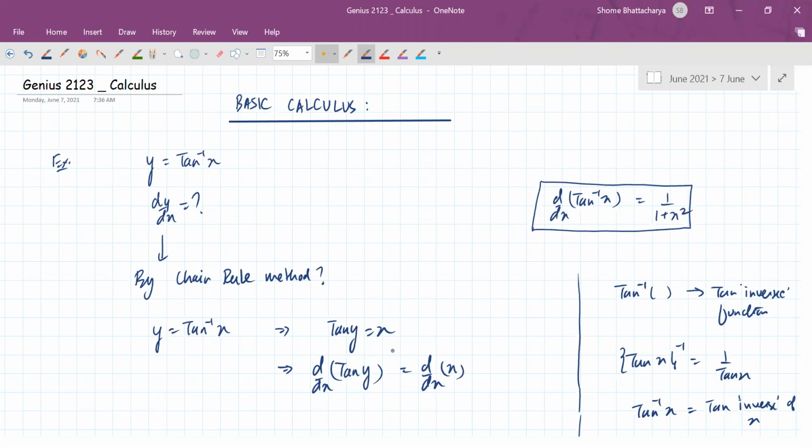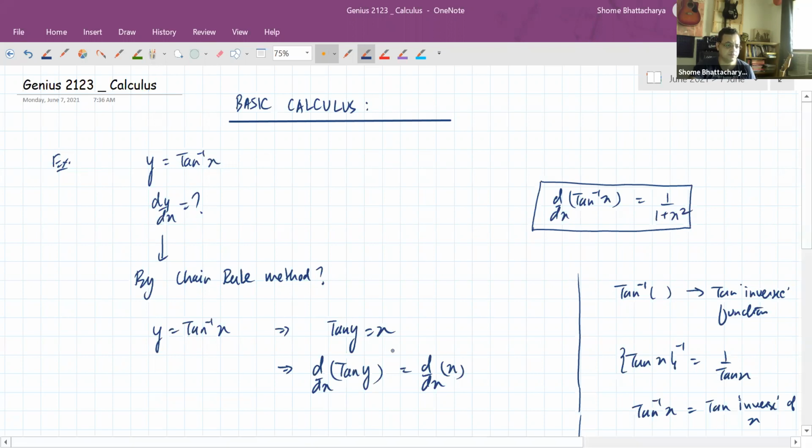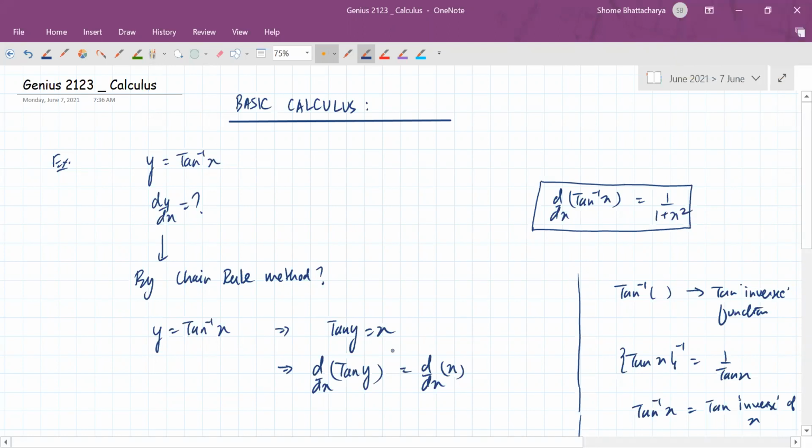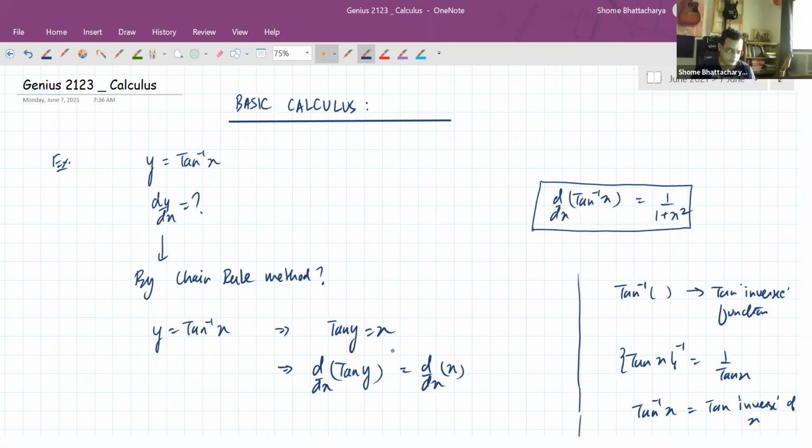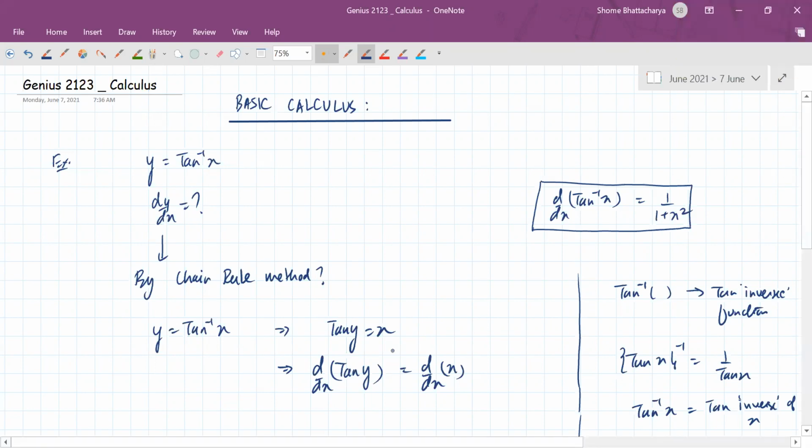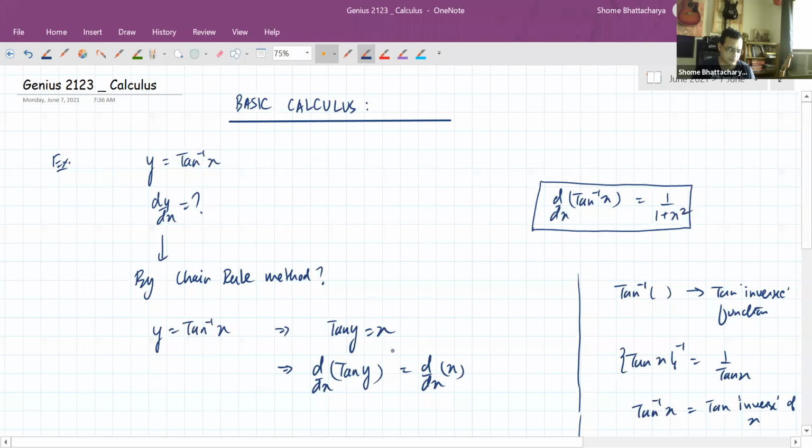Okay, sir. But now how will you differentiate tan y with respect to x? Tan y is a function of y and you want to differentiate it with respect to x, so you have to use chain rule. Are you following? Yes, sir. So just use the chain rule and see what step you will get.